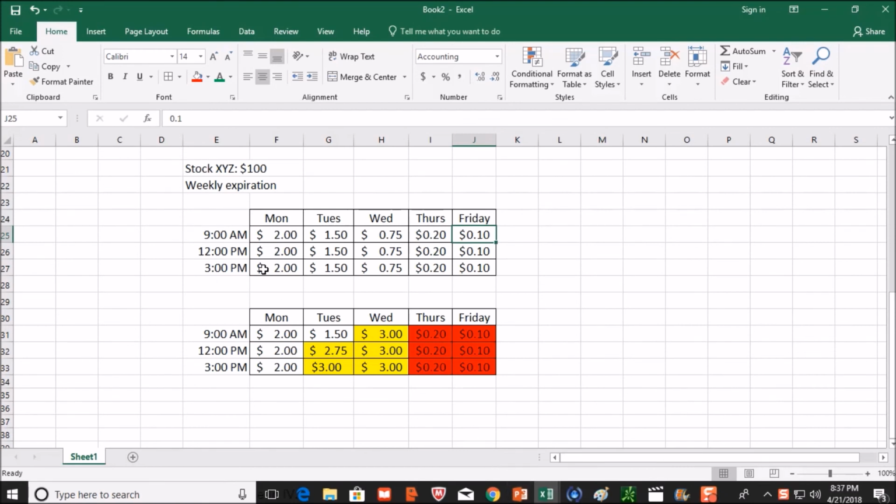Let's say we have a stock that's trading at $100, and let's look at the weekly expiration for that stock. And let's make the assumption that the stock does not move at all during the week, so it's going to stay at 100 the entire week. If that option is priced at $2 Monday morning, we know that the option will roughly stay at $2 throughout Monday, being as there's been no movement in the stock.